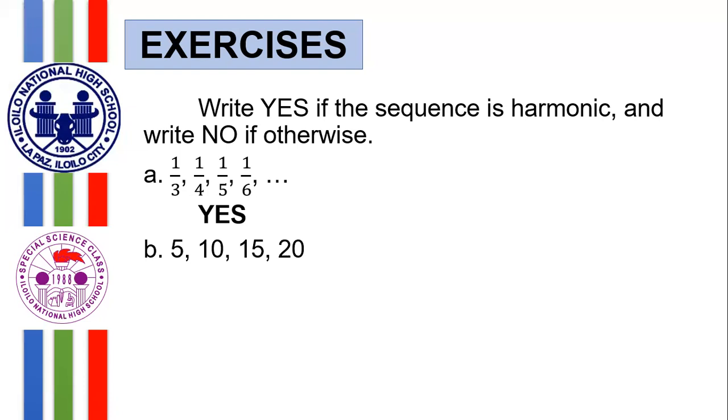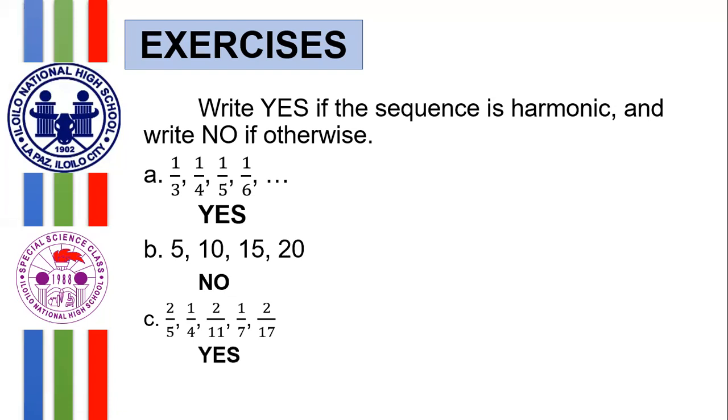For letter B, 5, 10, 15, 20, is this harmonic? This is no, it's not harmonic. This is in fact arithmetic. Be careful. But its reciprocal is harmonic. Letter C, 2/5, 1/4, 2/11, 1/7, 2/17.